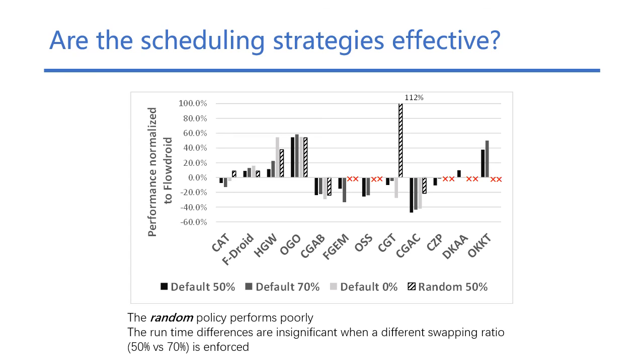The random policy performs poorly, with a 112% slowdown over FlowDroid for CGT, and it times out for 5 apps. The default 0% policy also fails to analyze these 5 apps. Comparing default 50% to default 70%, the runtime differences are insignificant when a different swapping ratio is enforced.